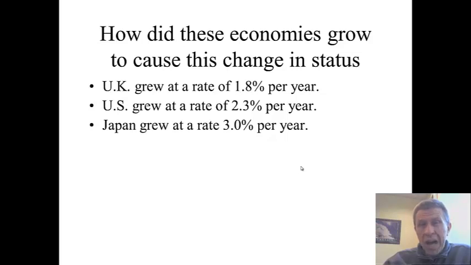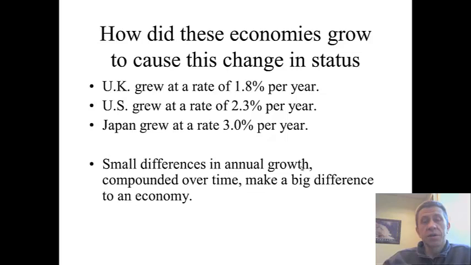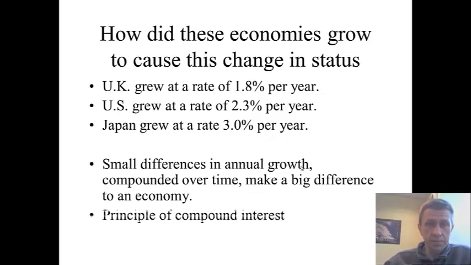You will get wild, dramatic differences in the end result, and indeed that's what you see across these 3 countries. So compound growth, right? If you deal with finance, you deal with the idea of growth over time. It makes a huge difference to an economy.